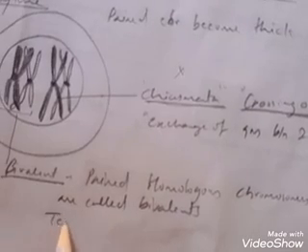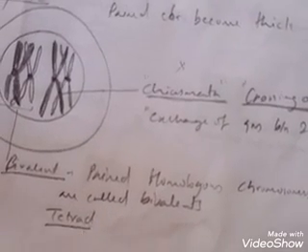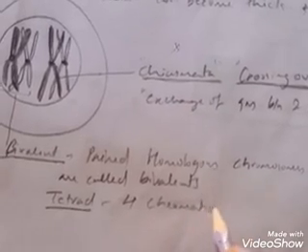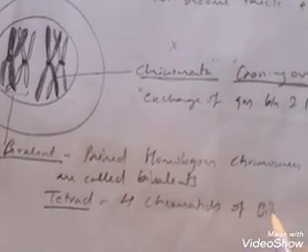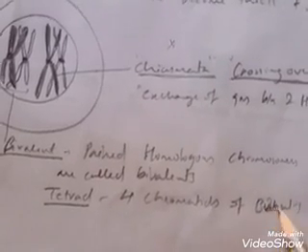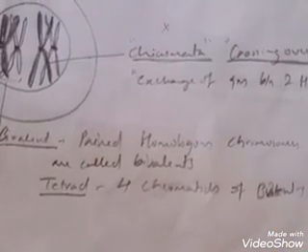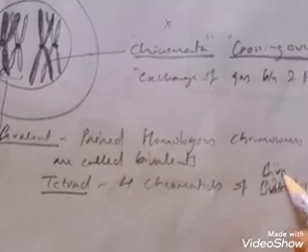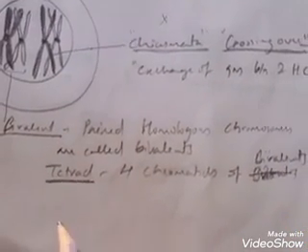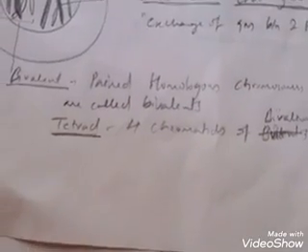What we call a tetrad has 4 chromatids. So the bivalent is called a tetrad, right? The tetrad is formed here in this pachytene stage.